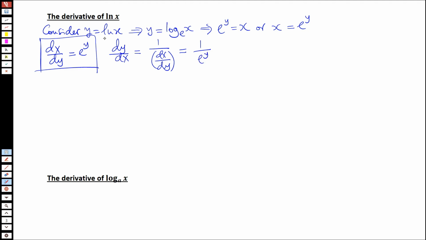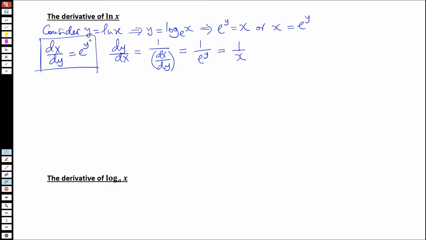But of course, our original function is in terms of x, so we want our derivative to be in terms of x. Well, from our original statement, we know that e to power y is equal to x. So that implies that this is the same as 1 over x.